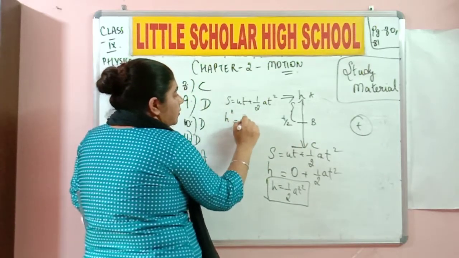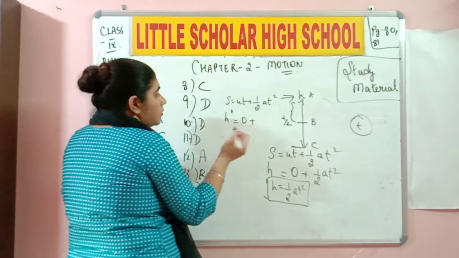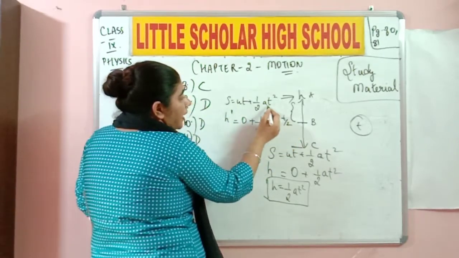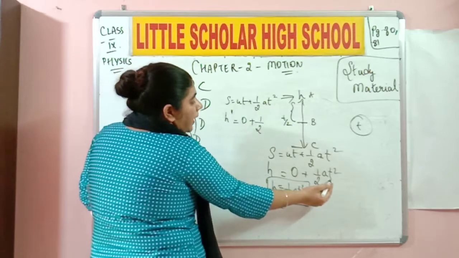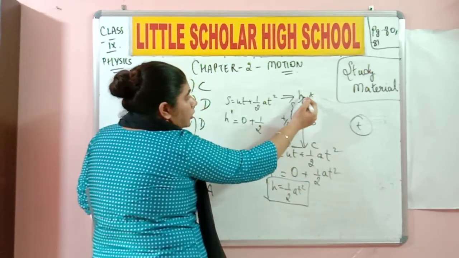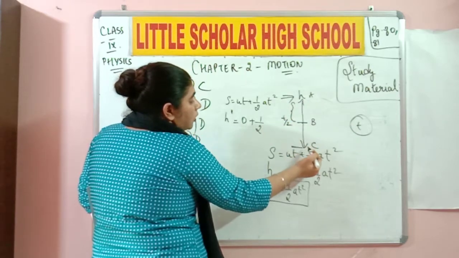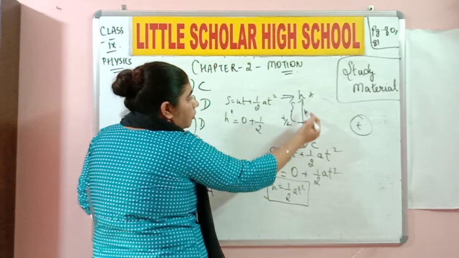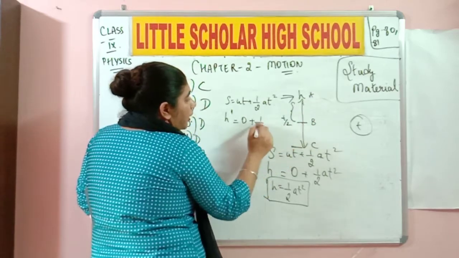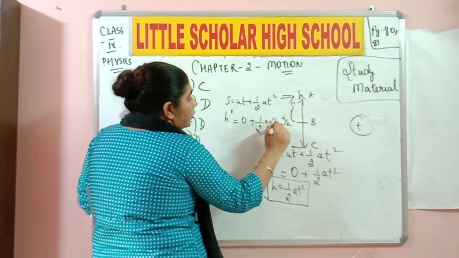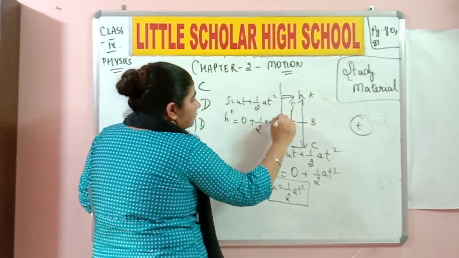Again, the initial velocity is 0, so u into t is going to be 0 over here. So half into a, but the t value is going to change over here. The t value for the entire journey of the body from the topmost position till the ground was t seconds. But when it reached only t by 2, or when it reached only midway, it is going to be half into a into t by 2 the whole square.